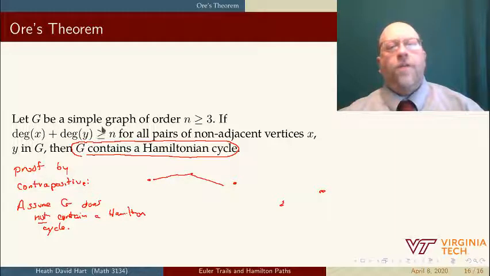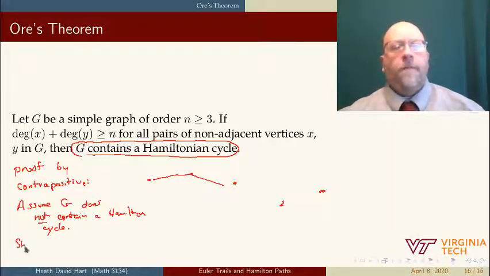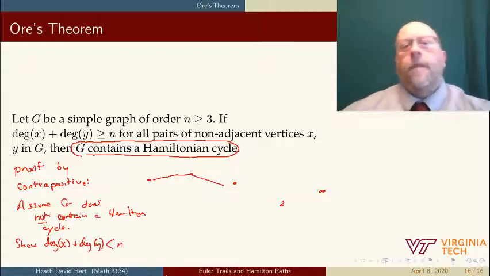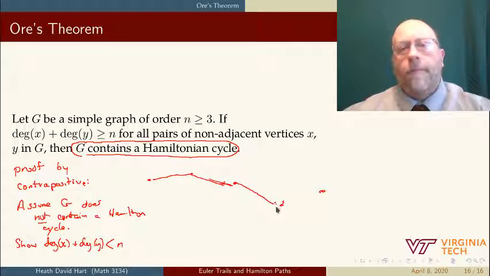And then we're going to show that this inequality goes in the wrong direction. Okay. So we have some graph here that doesn't have a Hamilton cycle.